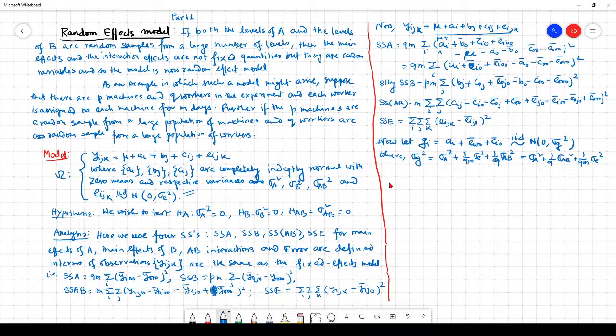Hence, SSA, which is equal to Qm sum over i from 1 to P. So see that these terms are cancelled out.